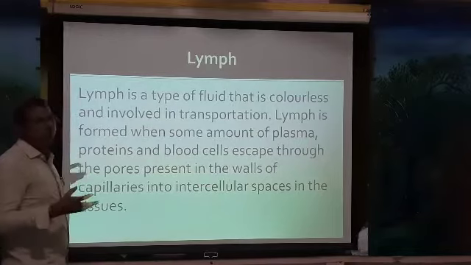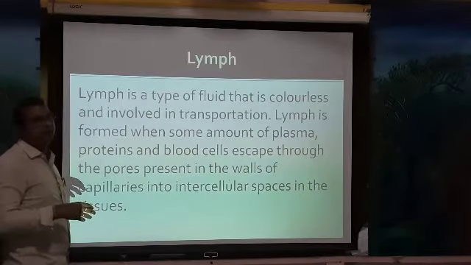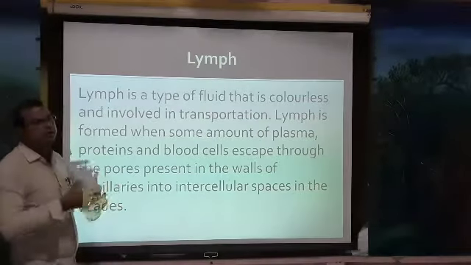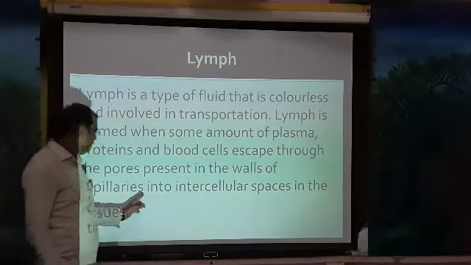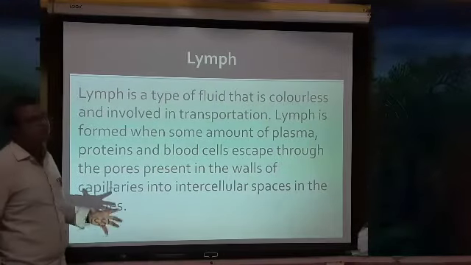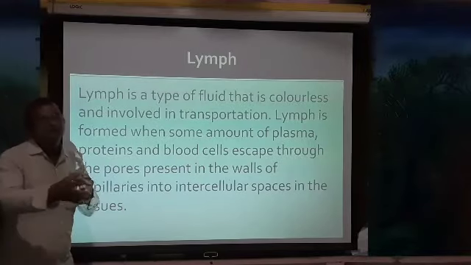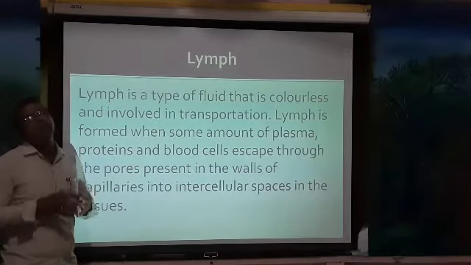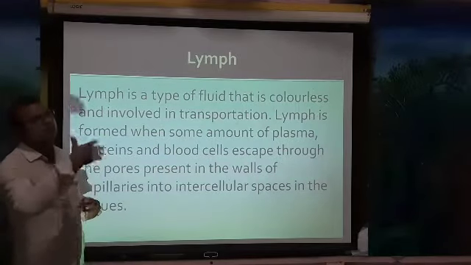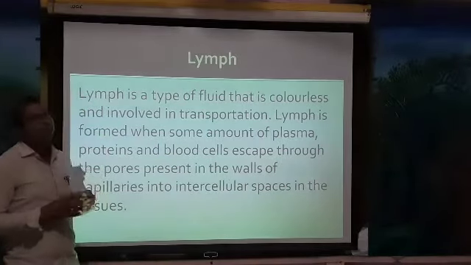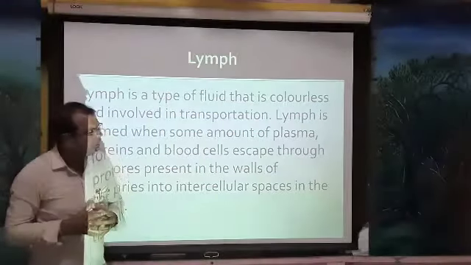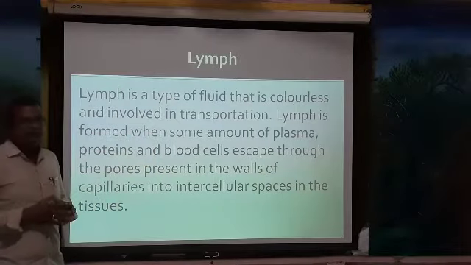When blood flows into the capillaries, some amount of plasma escapes from the capillaries into the intercellular spaces in the tissues, and it forms another fluid called lymph. Lymph also helps the transportation towards all the parts of the body. So this is about the lymph.